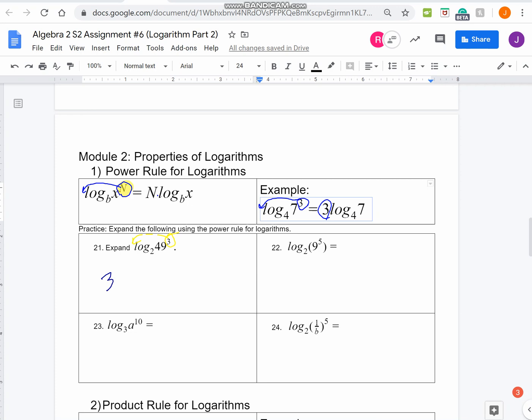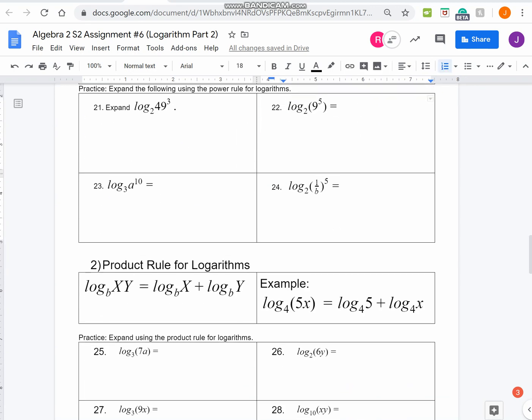Put 3 in the front, and then log base 2 of 49. And that should be your answer. Not that difficult, right? Okay, so I need you to do the rest the same way. Just bring the exponent all the way to the front, and that's going to be the power rule.